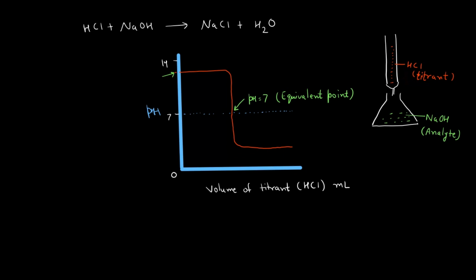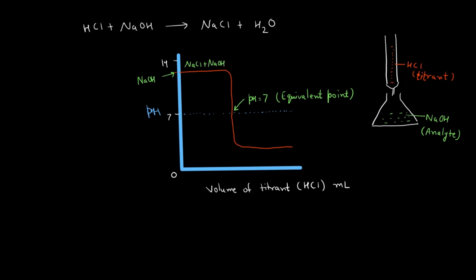Our curve started at high pH, so this is the pH of the sodium hydroxide solution in the conical flask. When we drop HCl drop by drop into NaOH, NaOH reacts with HCl to form NaCl, until all the NaOH is consumed.